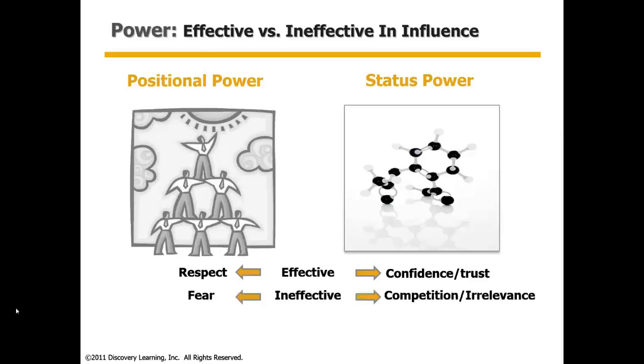When that power is used ineffectively, an attempt to influence that's ineffective, it generates fear. And we've all seen that with positional power, where people do it because they're afraid of their boss. But in a status power situation, it leads to competition, to irrelevance.